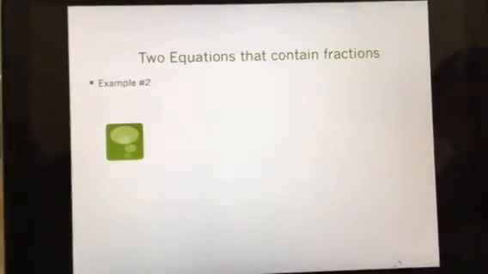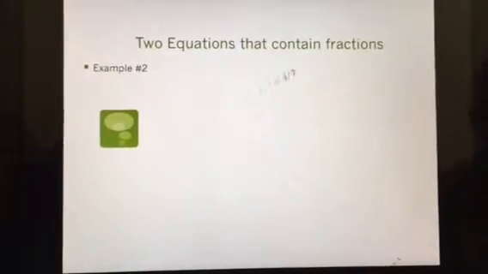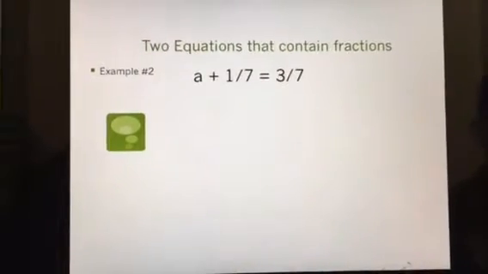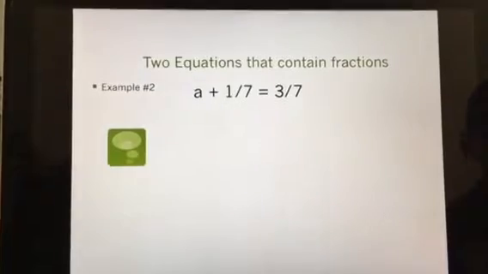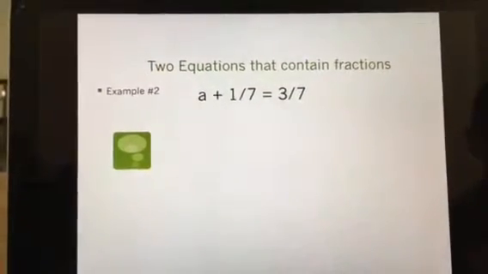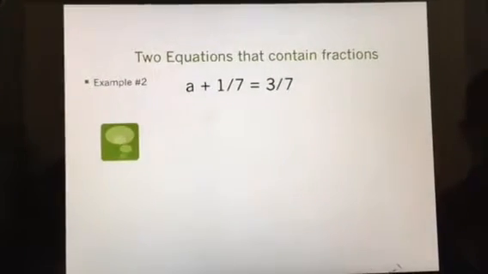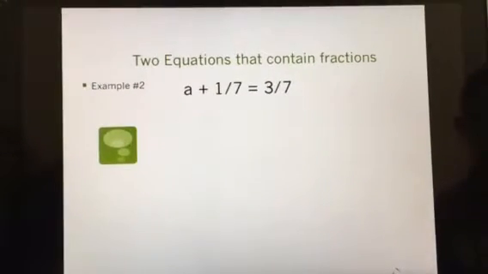Alright, let's try this example over here. a plus 1 over 7 equals 3 over 7. So what we're going to do first here is look at balancing out the equation. I'm focused on the 1 over 7 on the left side of the equation.